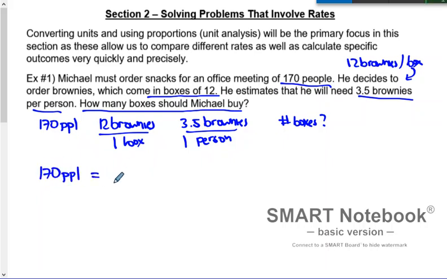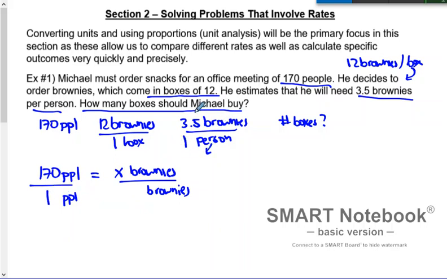So remember, I have 170 people. I want to know how many brownies I'm going to need altogether. Then line up our units. Okay, so I have this conversion right here between brownies and people.